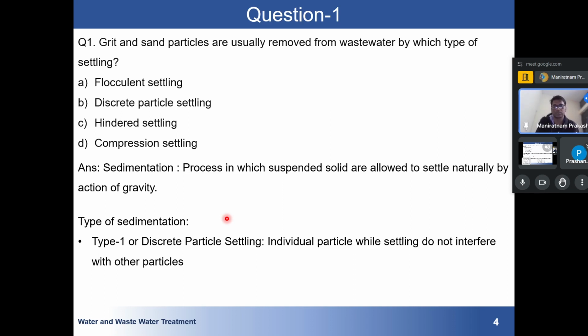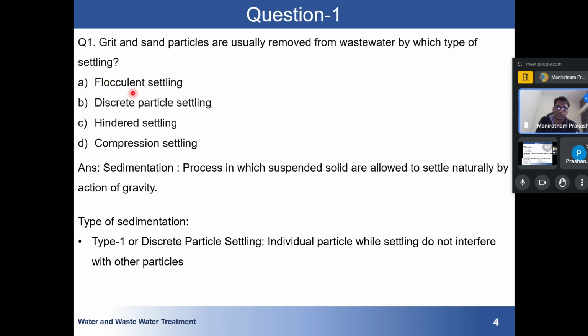That is type 1 or discrete particle settling. I have already given you the answer: grit and sand particles have their own weight, so they settle down with gravity. So the answer to this question is discrete particle settling.